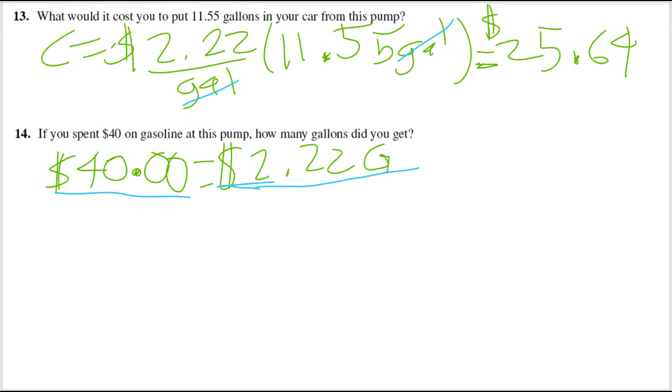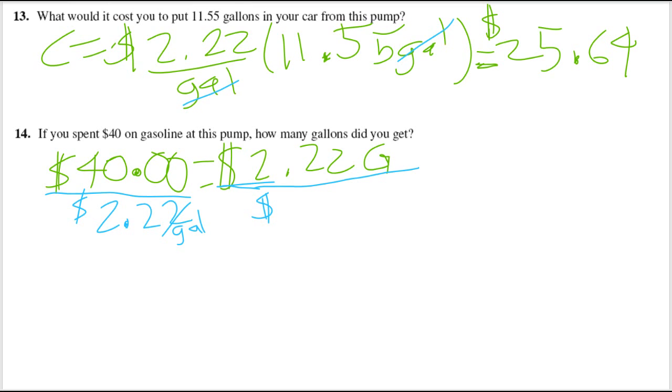That's fine. When you have an equation, though, you say, okay, yeah, I am going to divide $40 by $2.22 per gallon. And if I do that to the left side, I do it to the right side. Because when I change the 40, it's not going to be equal to 2.22 G anymore.